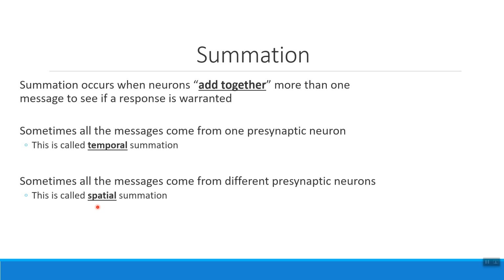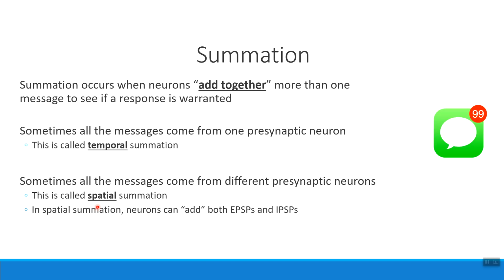To help me remember the difference between these two types of summation, I like to think about summation kind of like the two ways that you could receive 99 messages in your text inbox. The first way we could receive 99 messages in our text inbox is that 99 messages came from one person.